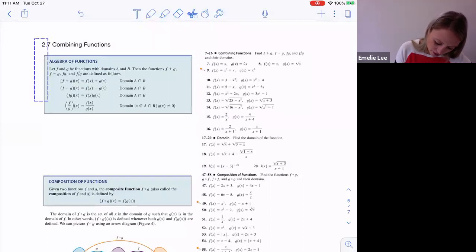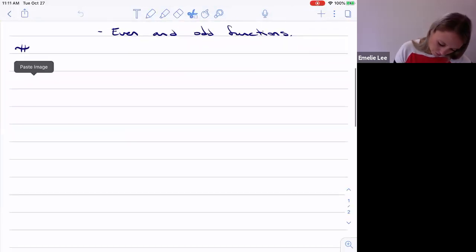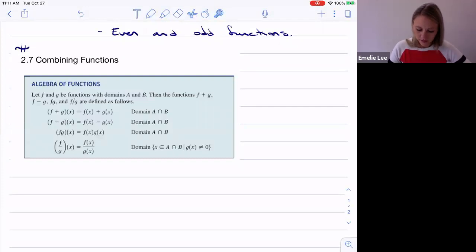So combining functions. Okay. So combining functions are, if we have two functions f and g, then those are two individual functions, but we can combine those functions to make new different functions, right?